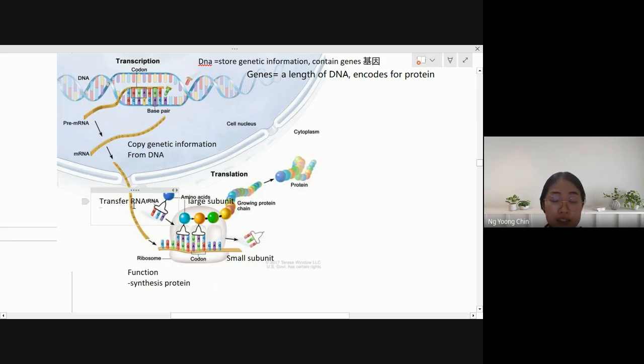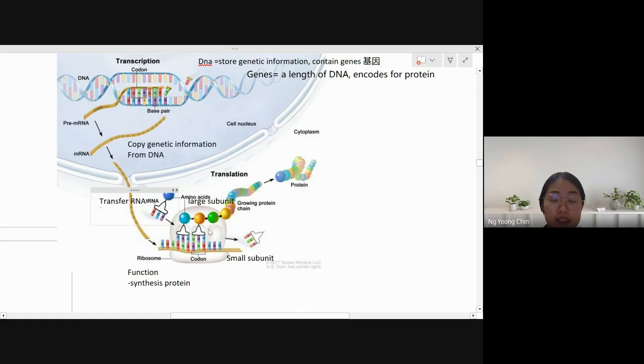This transfer RNA contains a 3 base sequence that you can see: UAC, CAC, GCA. So there will be base pairing between the messenger RNA and the transfer RNA. The transfer RNA is able to carry its respective amino acid.